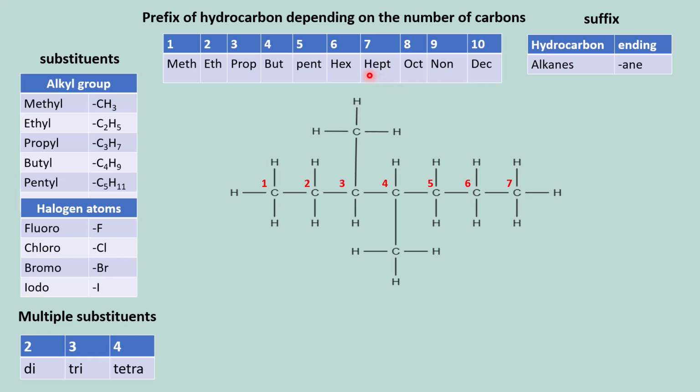So it starts with hept. And we are talking about an alkane. So we have heptane. But we have a substituent here on carbon number 3 and another substituent on carbon number 4. So what will the name be? Try writing it out in the comment section. You can pause the video and write it, and let's see. If you are done writing, check it out and see.